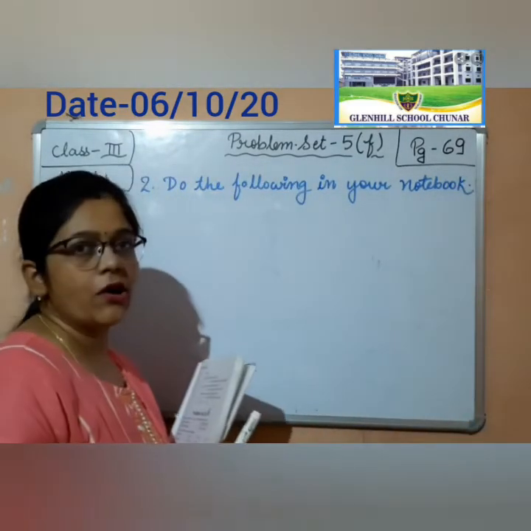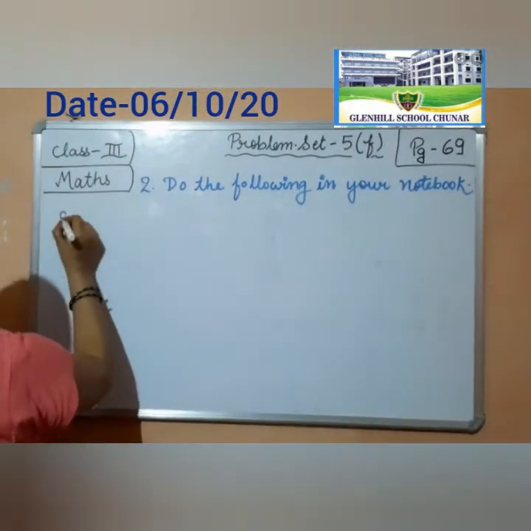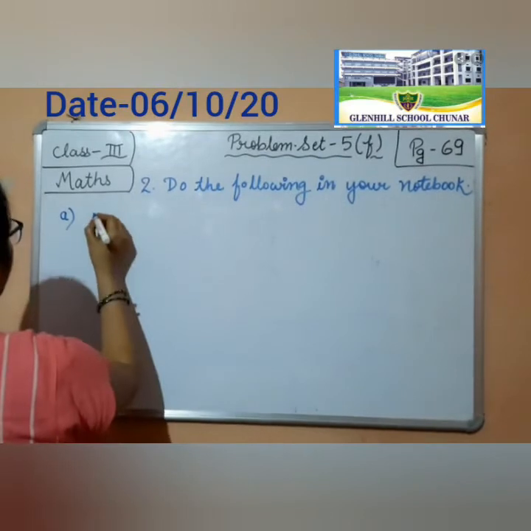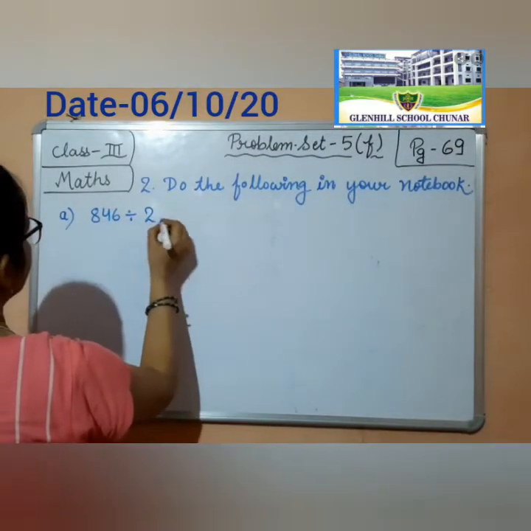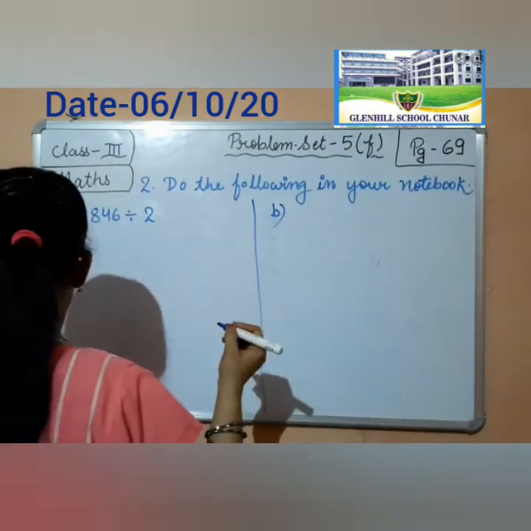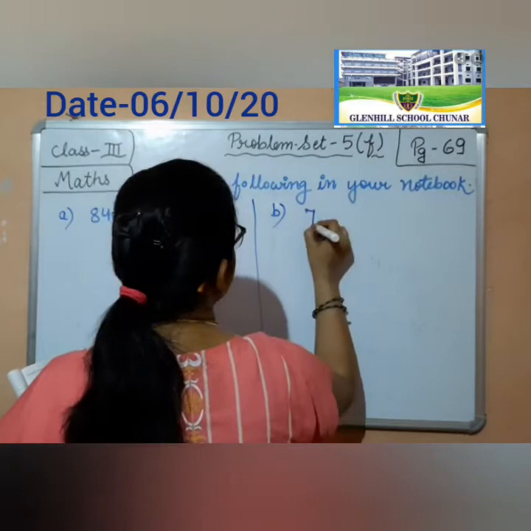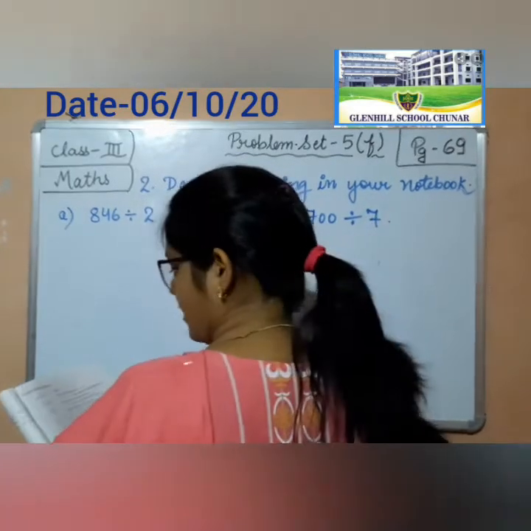Okay, do the following in your notebook. Now see number A, 846 divided by 2, and B, 700 divided by 7.